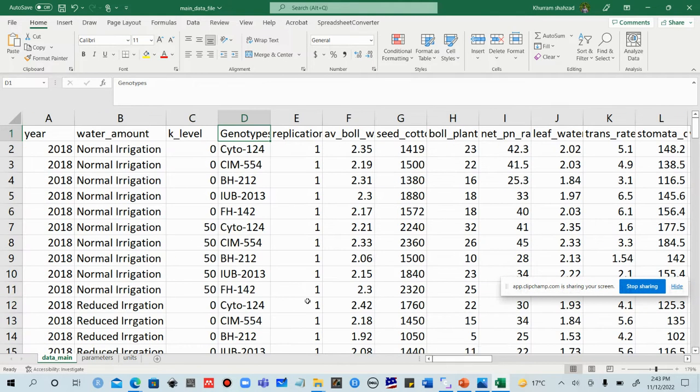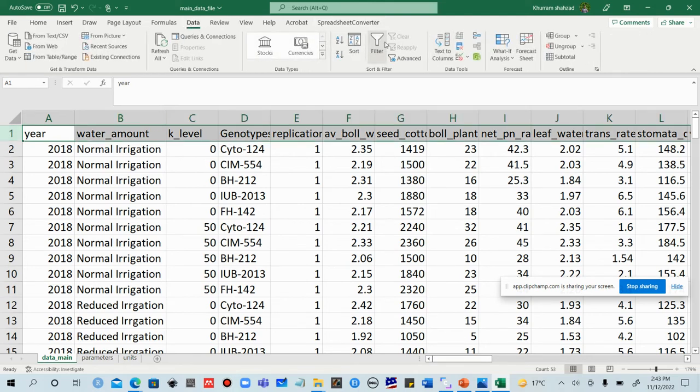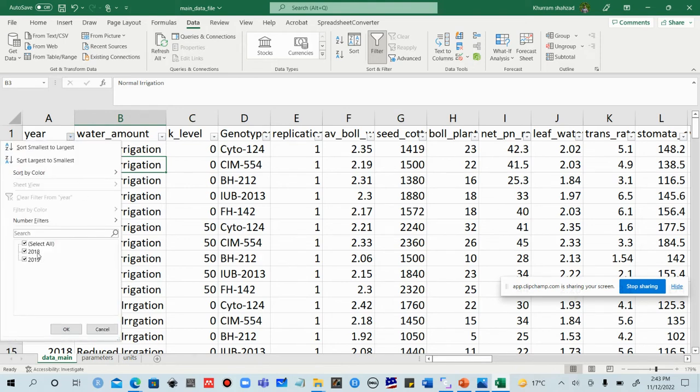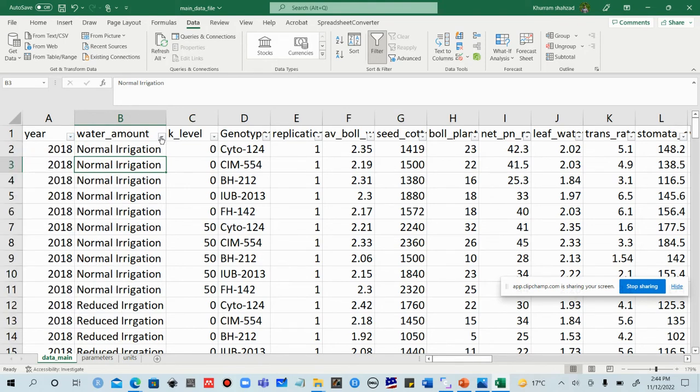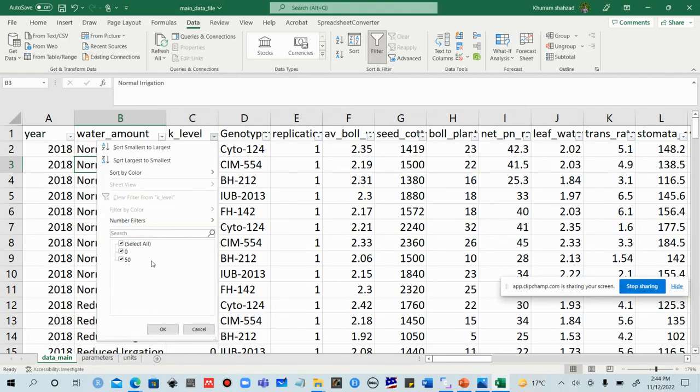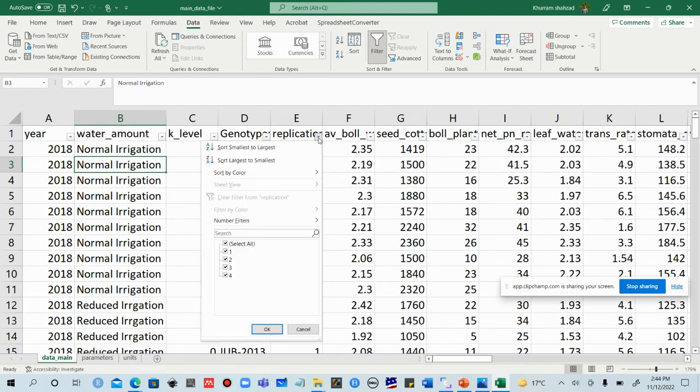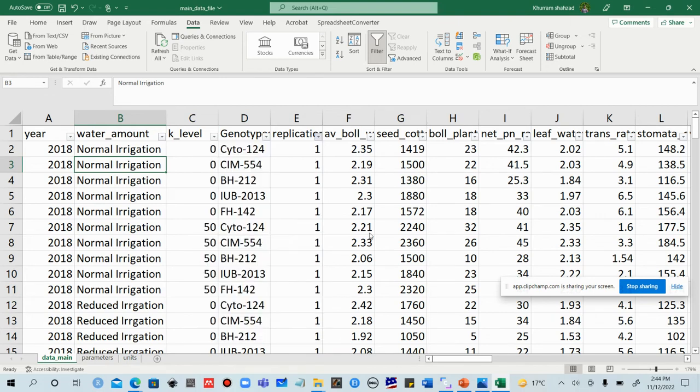You can now clearly see that we have factors: year, water, potassium level, genotype, and replication. If I put a filter on it, you can clearly see that we have 2018 and 2019 data, normal and reduced irrigation, potassium level 0 and 50, the five genotypes, and all the replications.